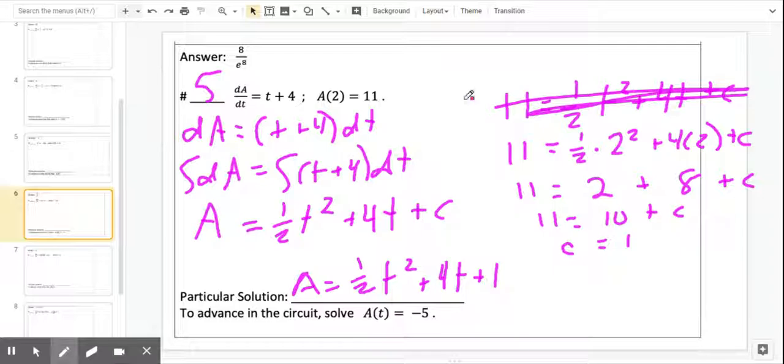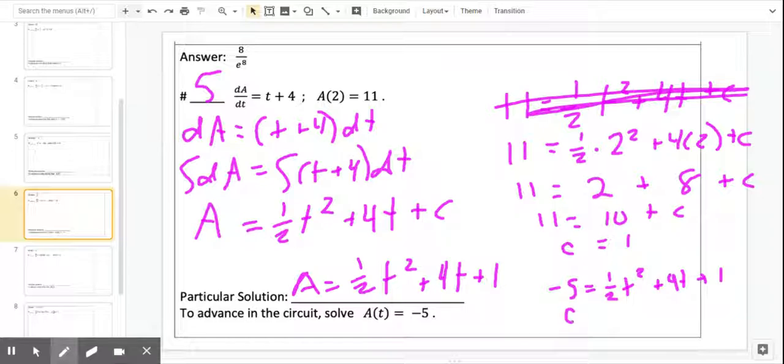And now we need to use that to find A of t equals -5, which means we need to find t when A equals -5. Okay, so -5 equals 1/2 t squared plus 4t plus 1.